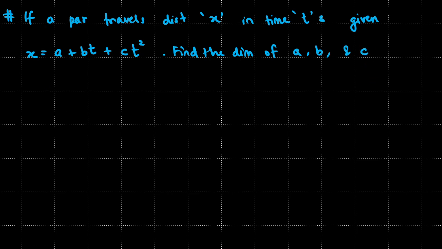So this is a very simple question, even though it might look complex for some of you. Let's check out the equation, which is x equals a plus bt plus ct squared.